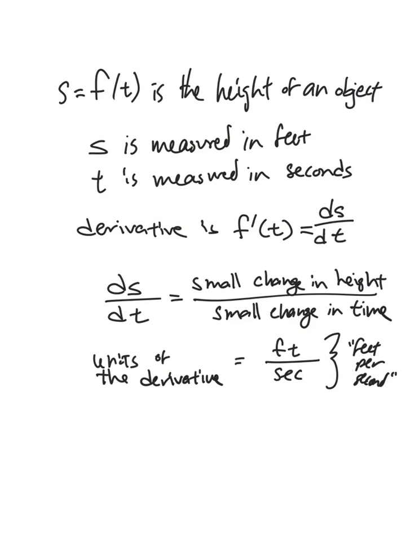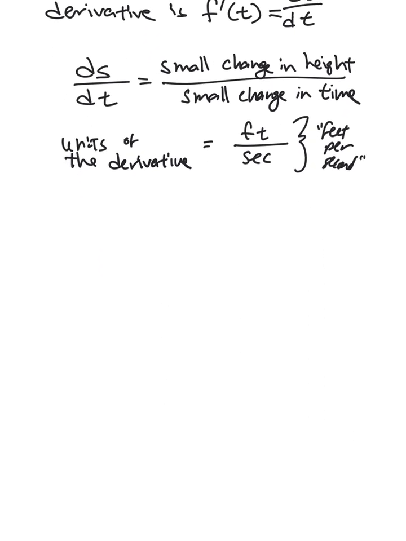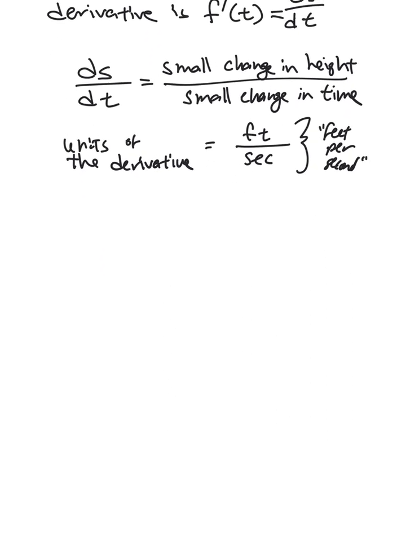Let's say that we wanted to put this in an equation and then interpret it. You say, why do we want to do that? Because I'm going to ask you to do that in a moment. So let's say we have a statement that says f prime of 4 equals negative 20. And we want to know, what does that mean? To figure that out, we need to figure out the units of the 4 and the negative 20.